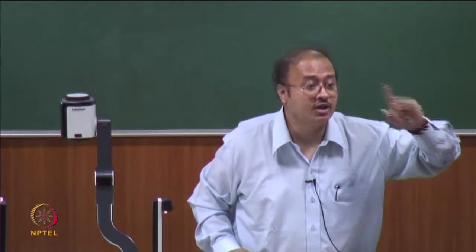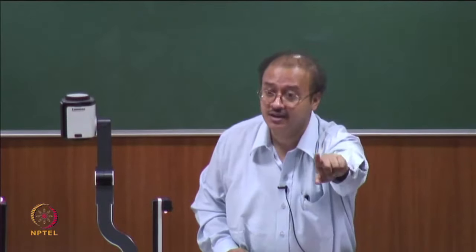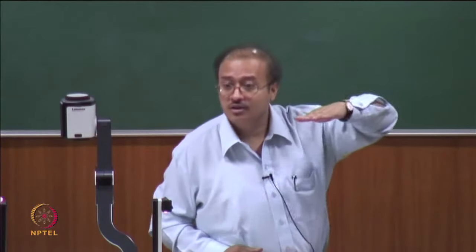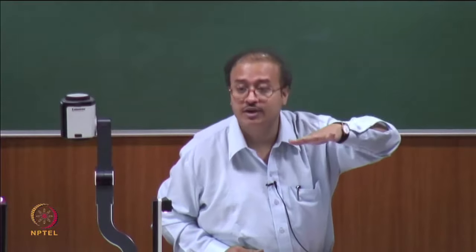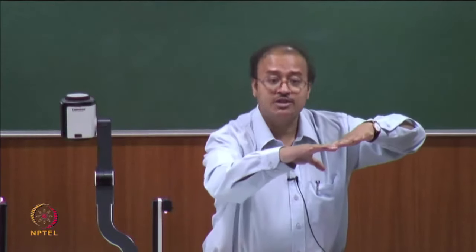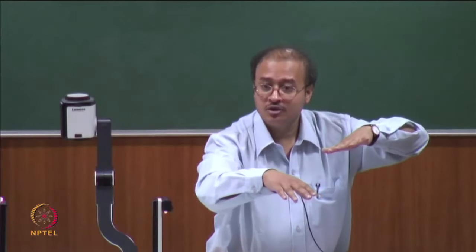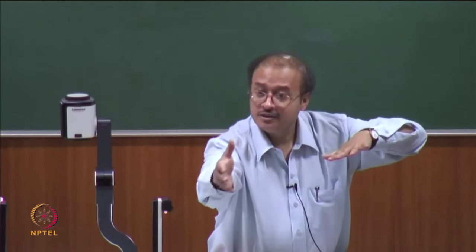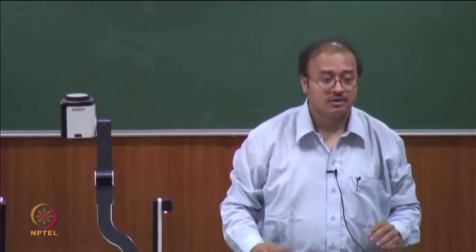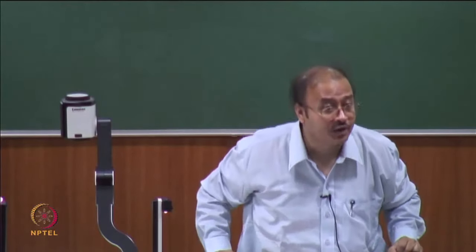If one is lifting the right leg, everyone else lifts the right leg. That is coherence. That means if you are hitting or stimulating radiation at a certain phase, then the ones it stimulates to come down will also come out in the same phase. This gives rise to what is called the coherent property of light.